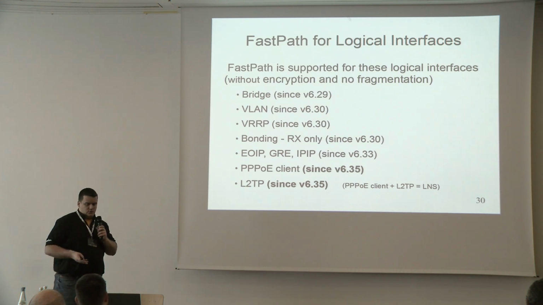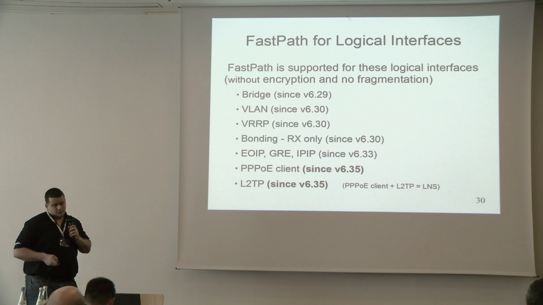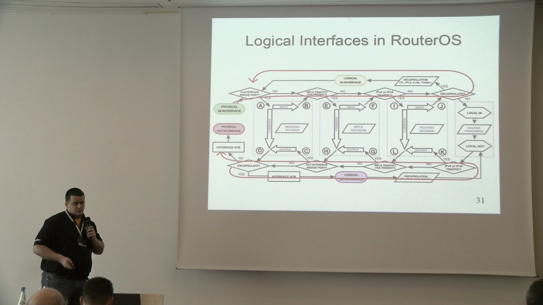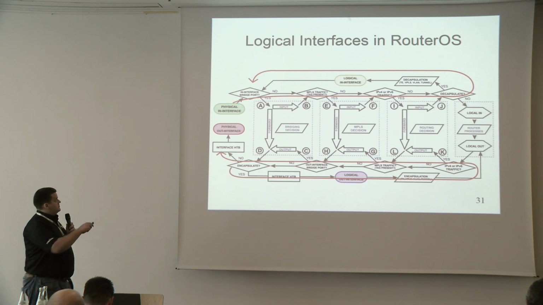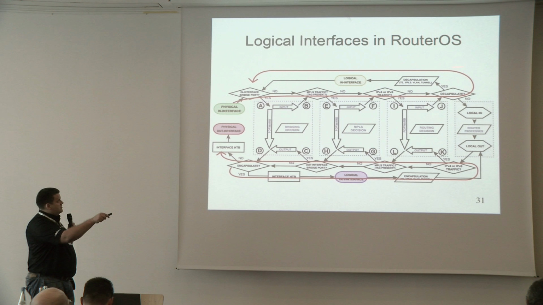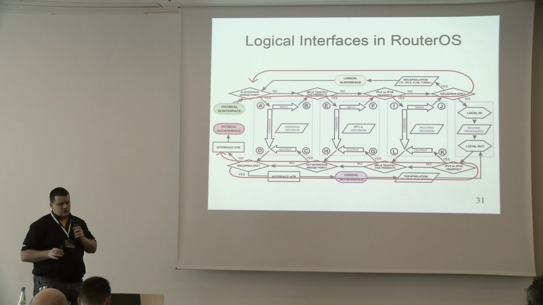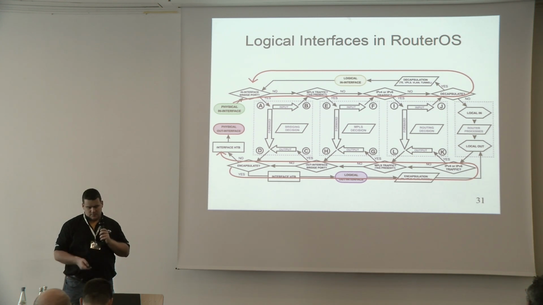So you need to really check your network for fragmentation and eliminate it, send smaller packets, change MSS or something like that, to ensure that FastPath works properly. So basically, with these logical interfaces, now FastPath can go through here also. That means the whole diagram now can be FastPath and the whole router can be crossed in the FastPath.